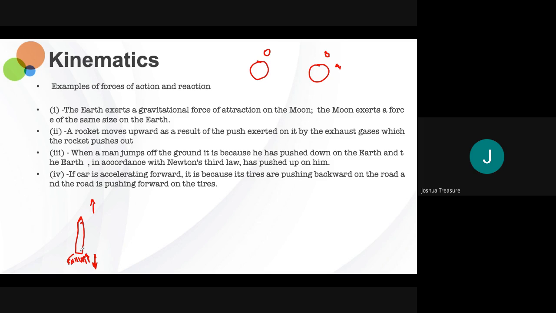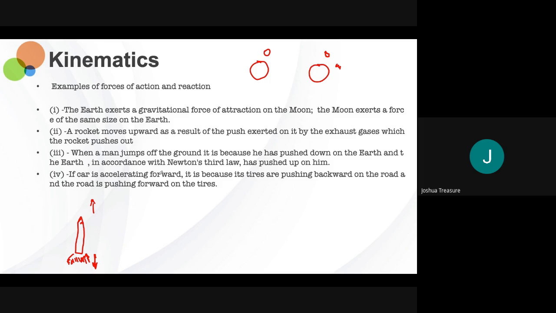It exerts a force on the earth, and the earth pushes it back, and essentially it goes upwards. All right, it's the same thing when a man jumps off the ground. If you are jumping off the ground, you make a push towards the earth, and then the earth pushes you back. All right, I know it sounds strange.